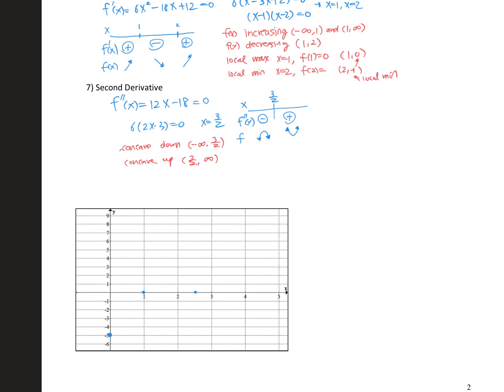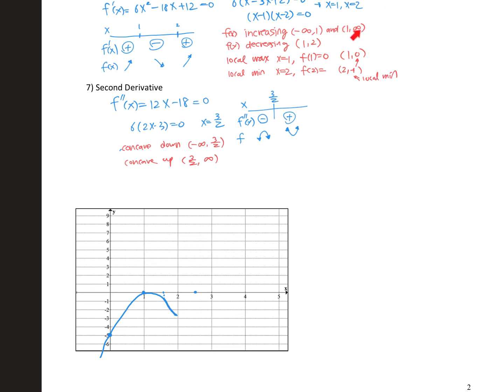So my graph is going to look like this, right? And it says it's decreasing between 1 and 2. So it's still concave down, but at 1.5 it goes concave up, so it switches. There's an inflection point right here, so it switches like that.